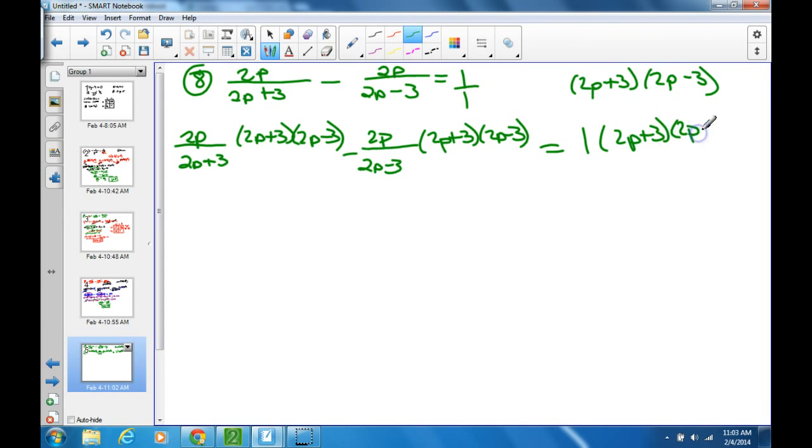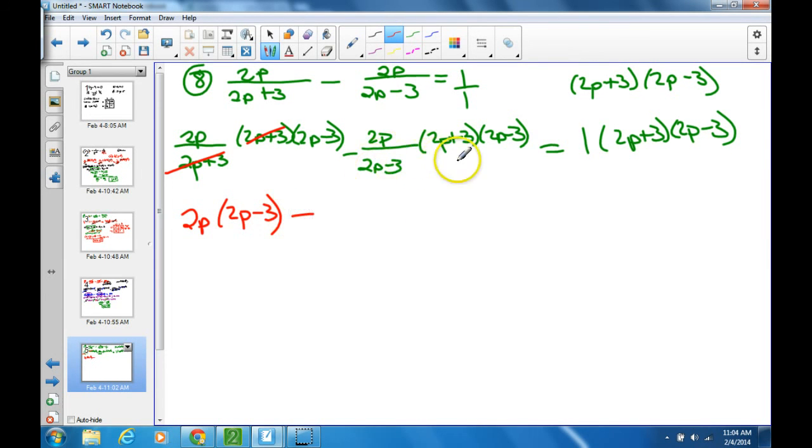A lot of writing. But, like I said, once you get it all written out, then comes the fun part of crossing everything out. So on the first term, what can I cancel out? Yeah, I can get rid of that. So I am left with 2p times 2p minus 3.